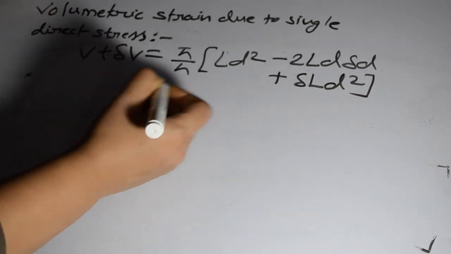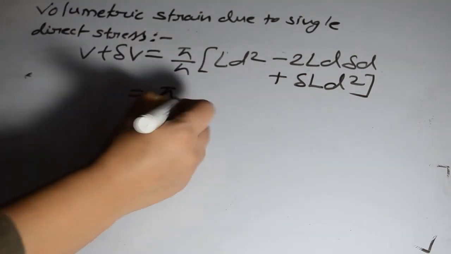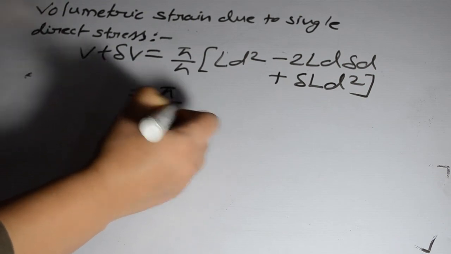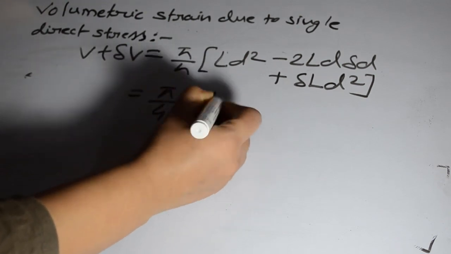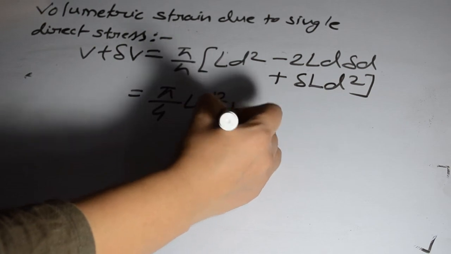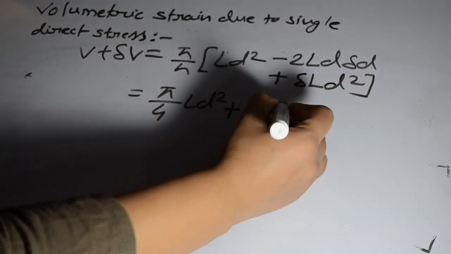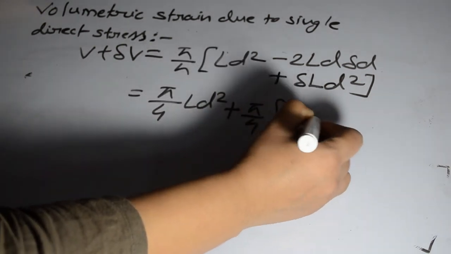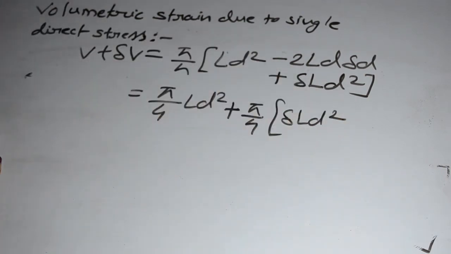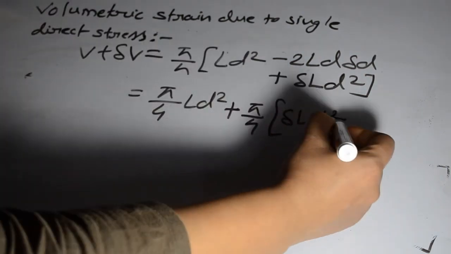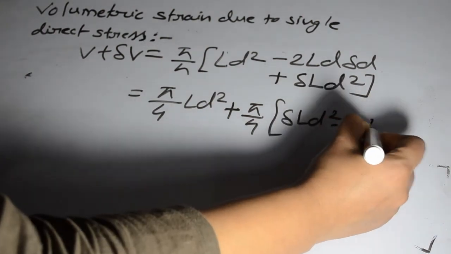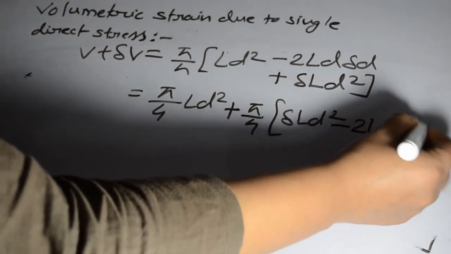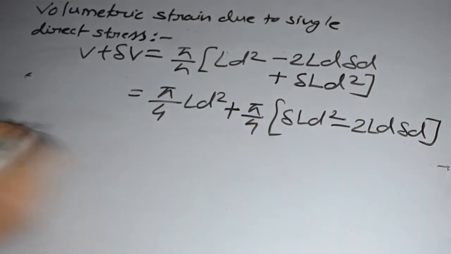Now if we further simplify this, this will be pi by 4 L d square plus pi by 4 delta L d square minus 2 L d delta d. This is the further simplification.